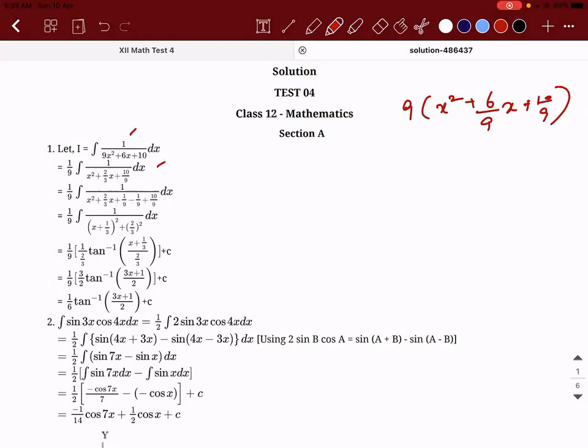You will write this as 9 into x plus 2 by 6, sorry, 2 by 6 or 1 by 3, x plus 1 by 3 the whole square plus 10 by 9 minus 1 by 9.